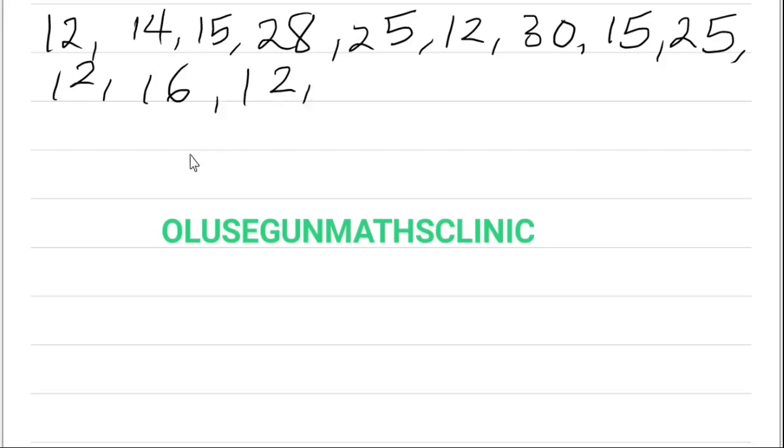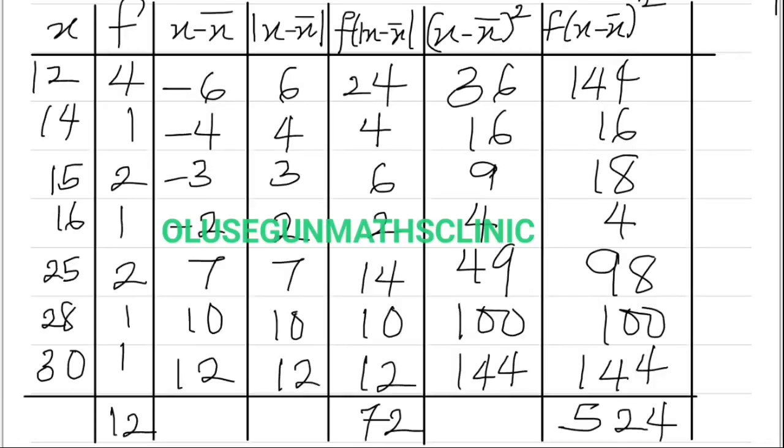So it has now been arranged. By the time we calculate it, we see that 12 occurs 4 times, 14 occurs 1 time, 15 occurs 2 times, 16 occurs once, 25 occurs 2 times, 28 occurs 1 time, and 30 once.